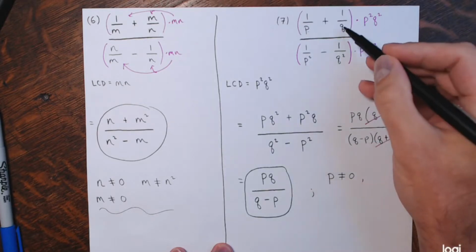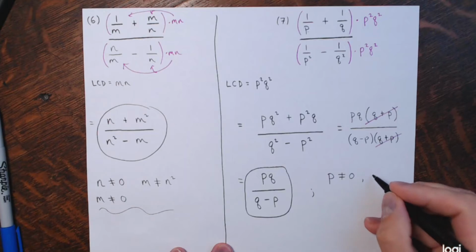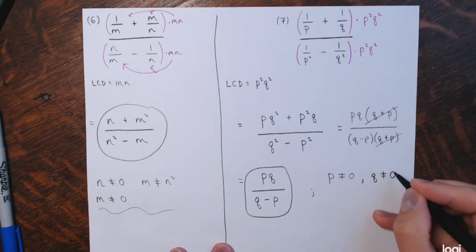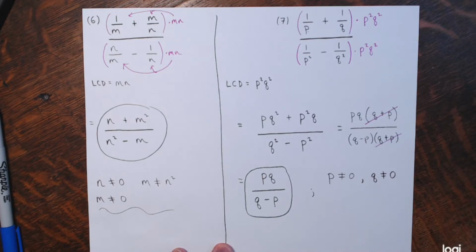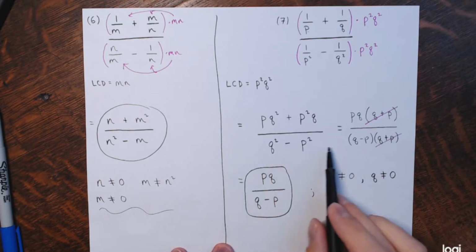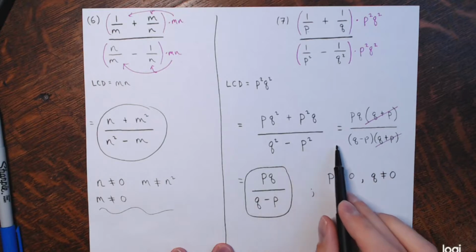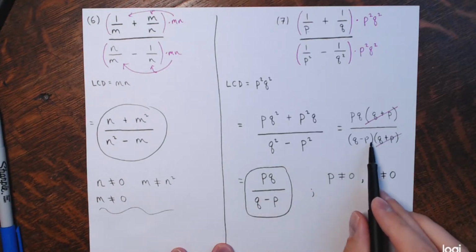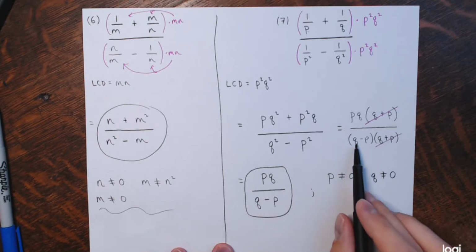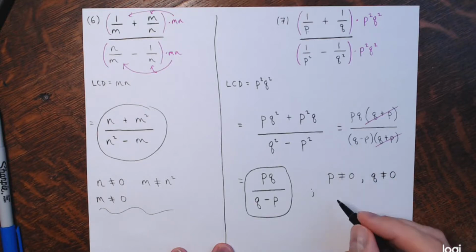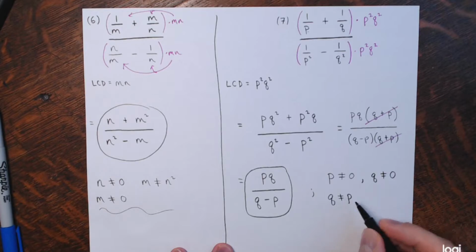I'm seeing q and q squared, and factors of q in denominators, so q can't be 0 either. And then we're seeing at the end, q squared minus p squared in the denominator, or as factors, when I factor it, q minus p, that can't be 0, so that means q can't be the same thing as p, right? Because q minus p would be 0 then.